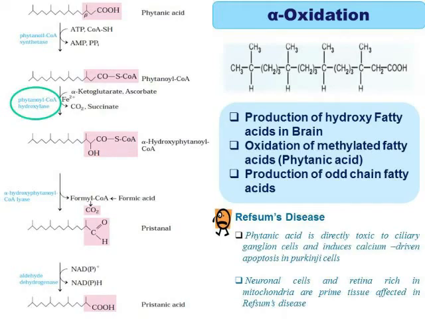Beta oxidation is the main metabolic pathway for fatty acid oxidation, but in our body alpha and omega oxidation of fatty acids also take place. In the brain, alpha hydroxylase catalyzes alpha oxidation of very long chain fatty acids for incorporation into cerebrosides and sulfatides.